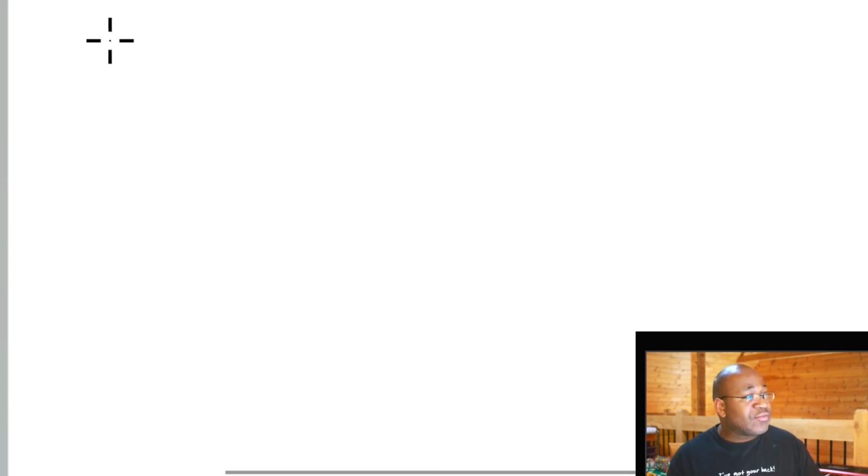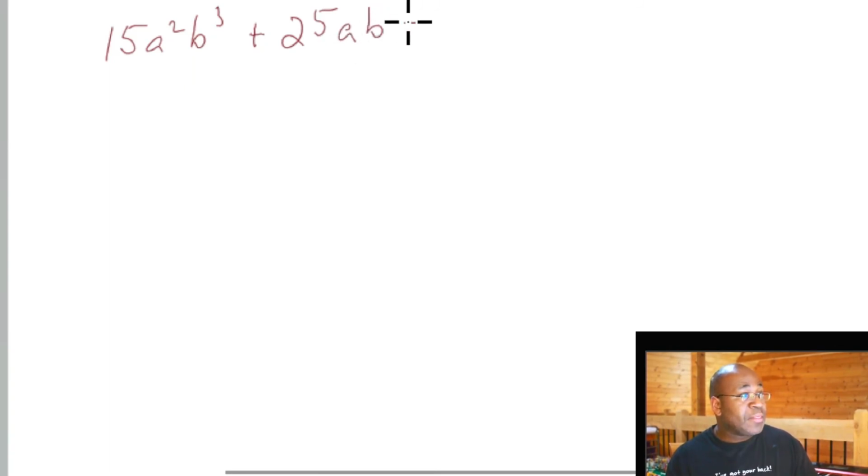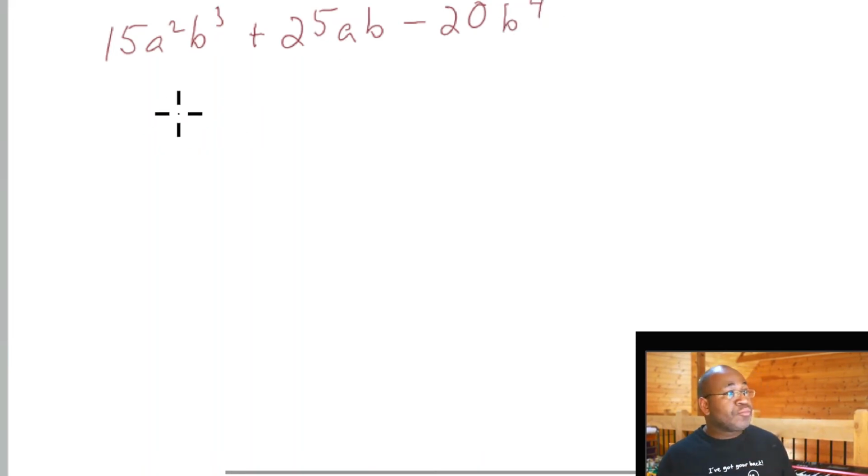For instance, if we have 15a squared b to the third plus 25ab minus 20b to the fourth power. So all of these terms have a common factor of 5, but there's also a variable common factor of b.